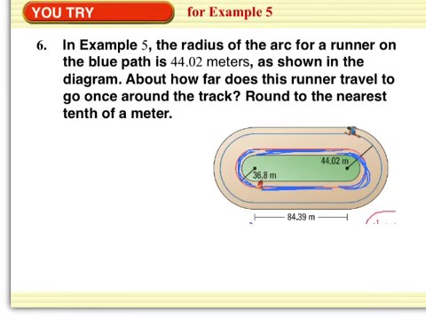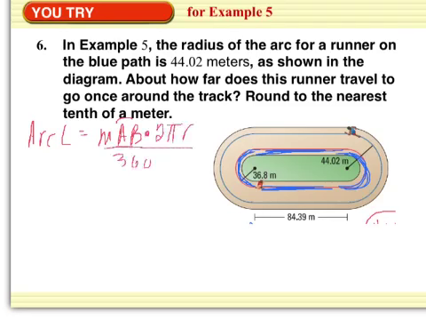Arc length equals the measurement of the arc in degrees times 2 pi r over 360. The measurement of the arc in degrees is again 180 because it's a semicircle.